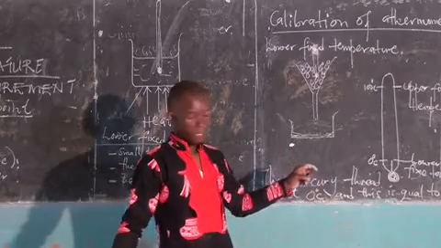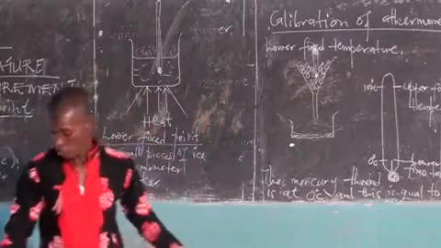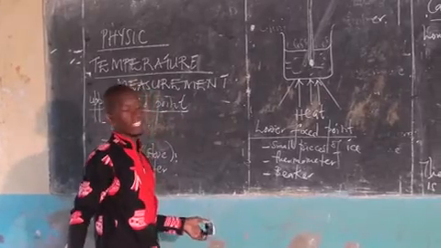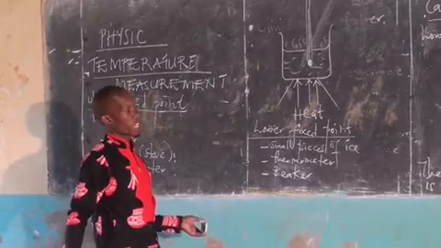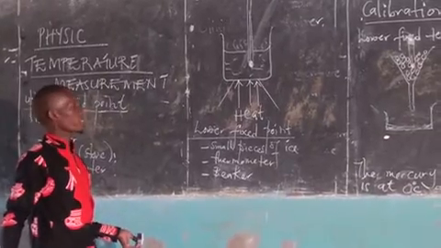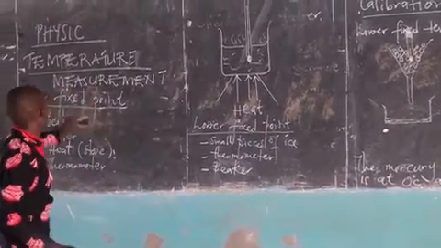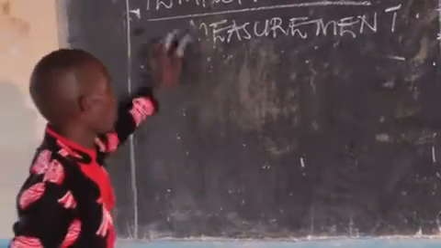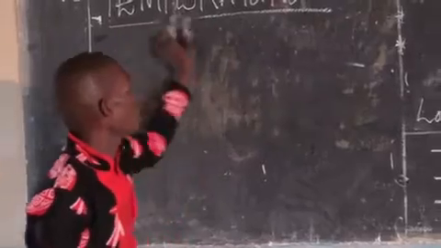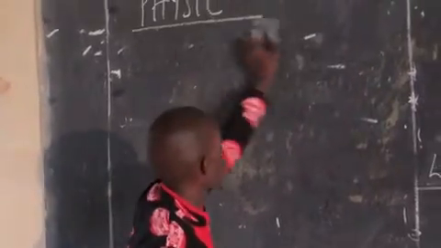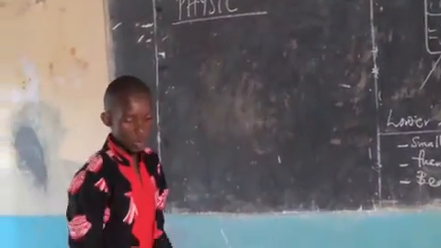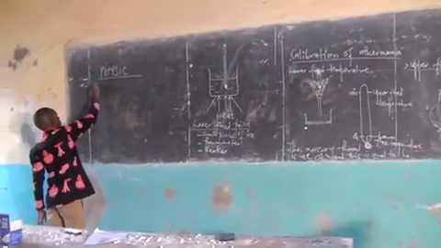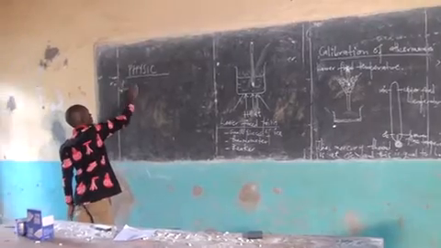So with that, you'll be able to get to know the mercury thread at 100 degrees Celsius is equivalent to what? The mercury thread L100.